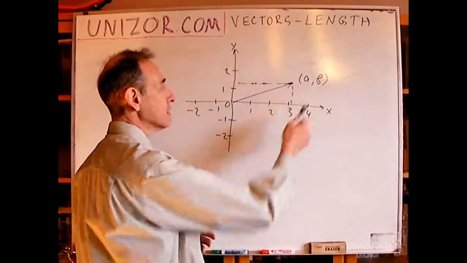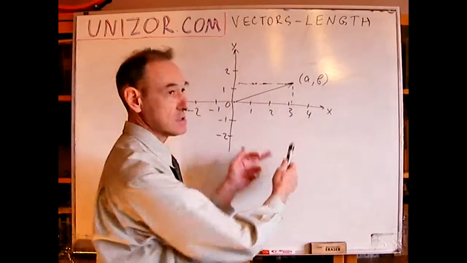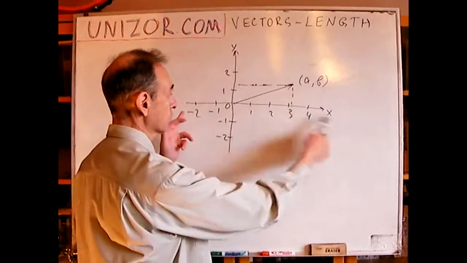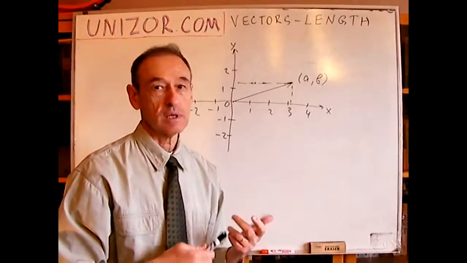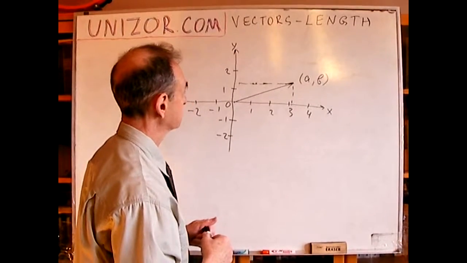And what are these numbers, a and b? These are the lengths of the projections of our point, the end point of the vector, onto the corresponding axes which make up the coordinate axes.